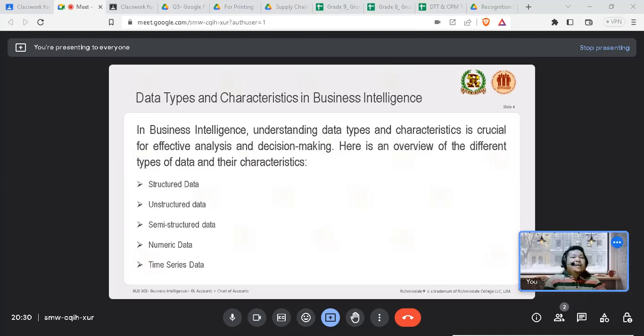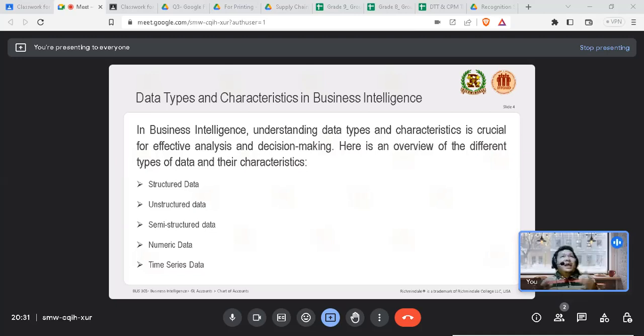So the importance of semi-structured data in business intelligence: it adds value to business intelligence by providing what? Flexibility in data representation and integration. It allows organizations to incorporate diverse data sources into their analysis, including data from web scraping, social media, logs, and many more.